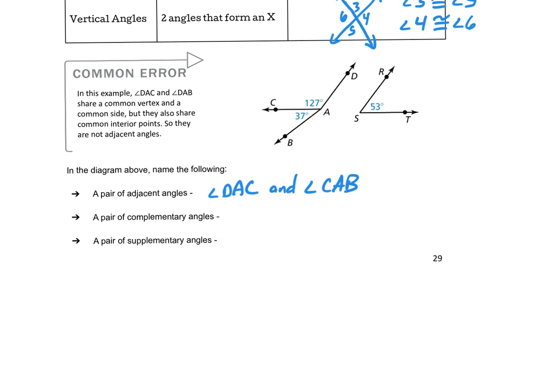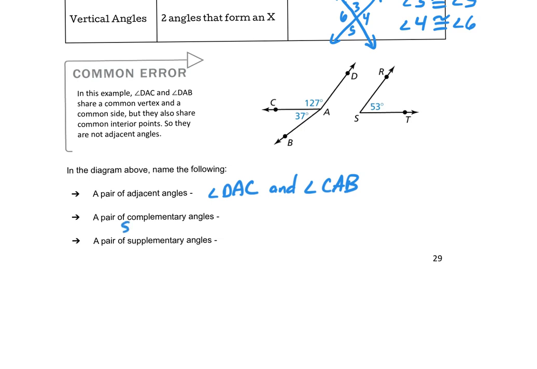Okay, a pair of complementary angles. So here what we're looking for is two angles that add up to be how much? 90 degrees, okay? So do these two add up to be 90? No, because we're already over 90. So really I can't even use 127, right? Because I'm already over 90. So I'm looking at two acute angles. What happens if I add 53 and 37?